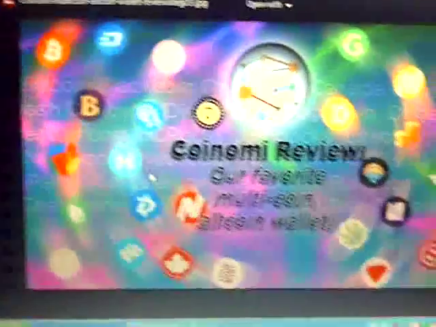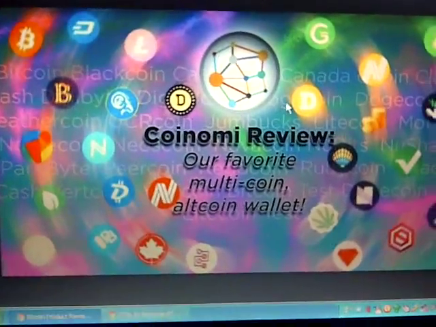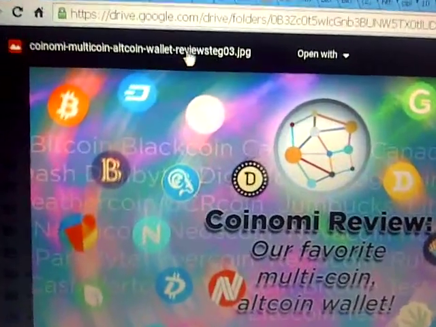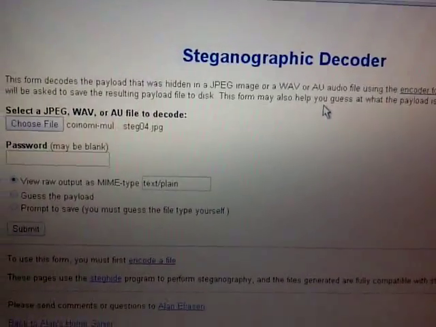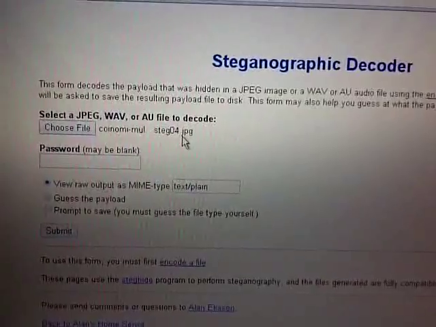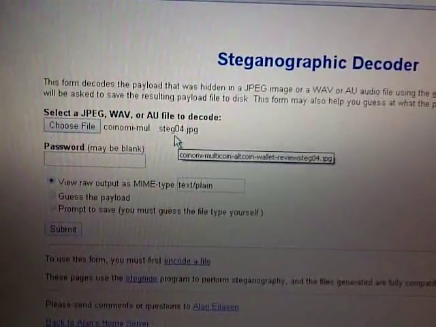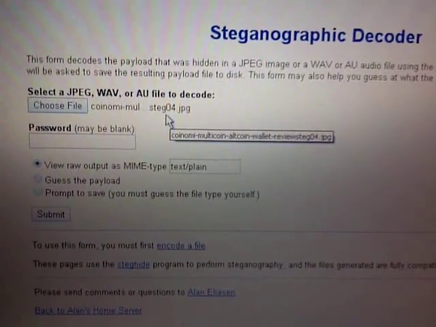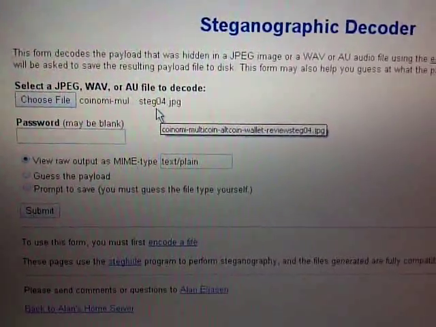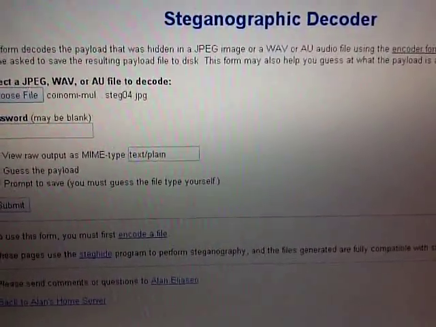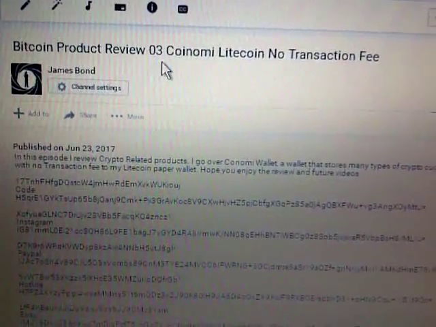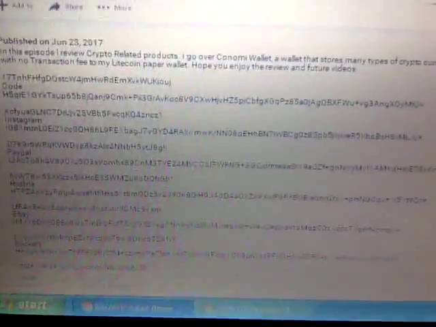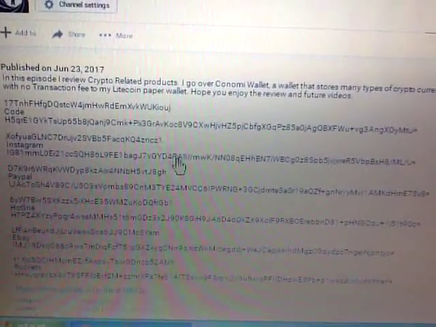Okay, here you go. So you should get this again, and make sure it's 03 right here, and remember to go to the decoder. I'm already at 04, but put up 03. That was a mistake on my part. I didn't update it, but if you just go back to Coinomi Bitcoin product review 03, there's a clue right there. There's the puzzle right there.